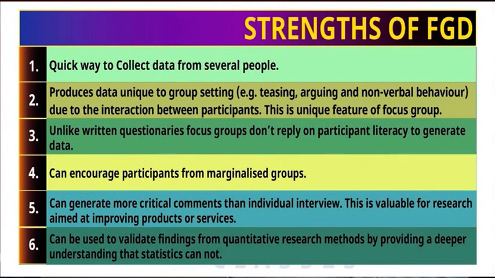This is valuable for research aimed at improving products or services. Now, the aim of research is not only to collect the data. In research, we sometimes propound a new theory, a new thing, or sometimes we do a modification. Modification can be done when you have critical comments. Critical comment means what are the weaknesses in this method, what is good in this method, what is bad in this method.